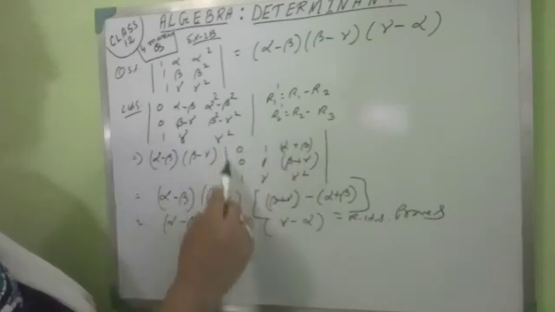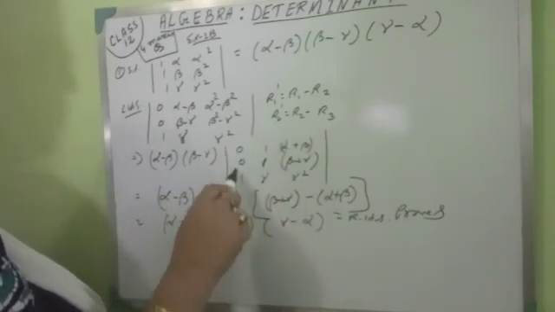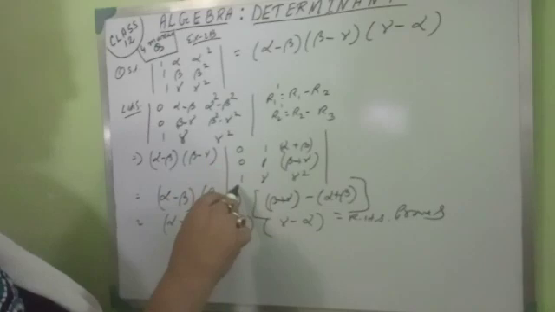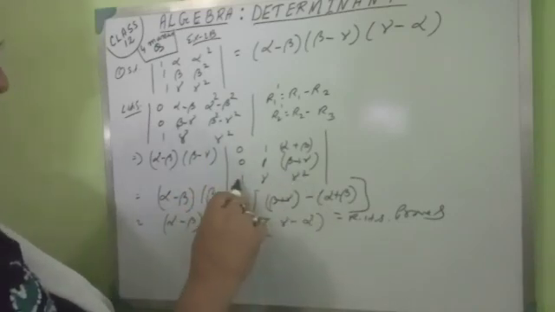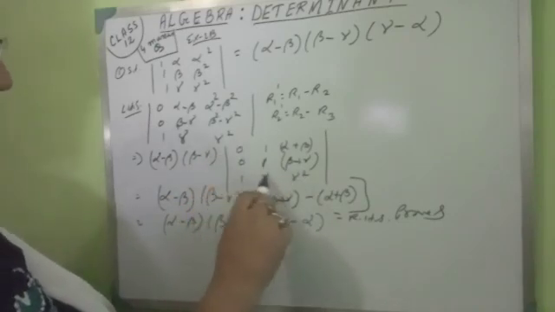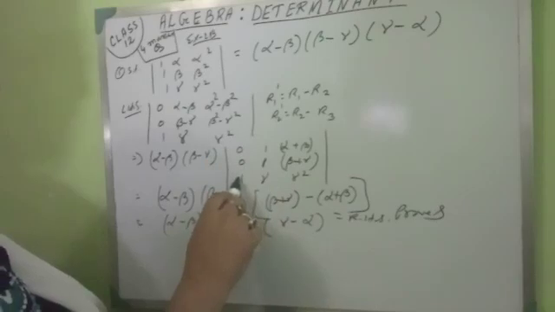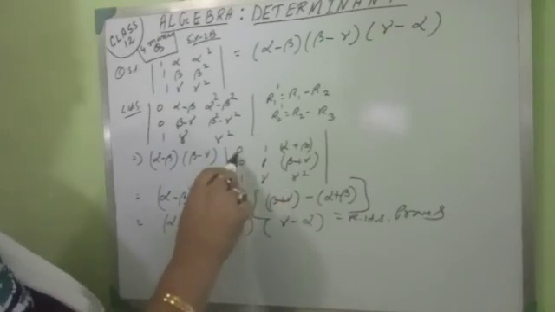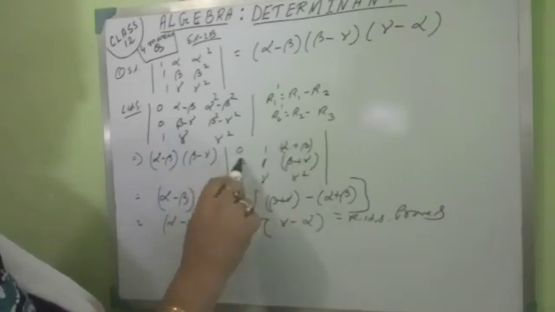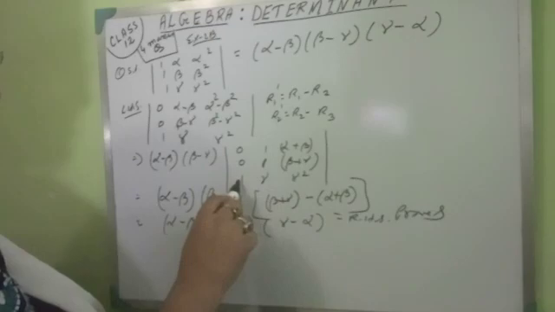Now we can expand this with respect to the first column, since the element 1 is at the intersection of the first column and the third row. The sign is also plus, because the pattern is plus minus plus, minus plus minus, and this is again plus.